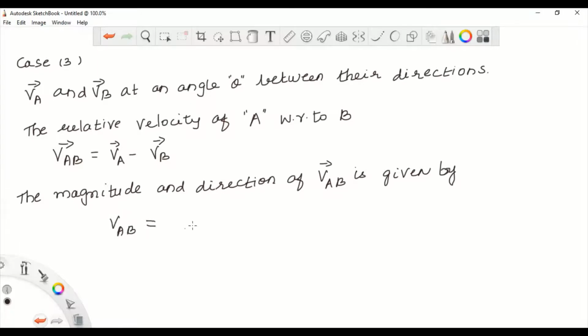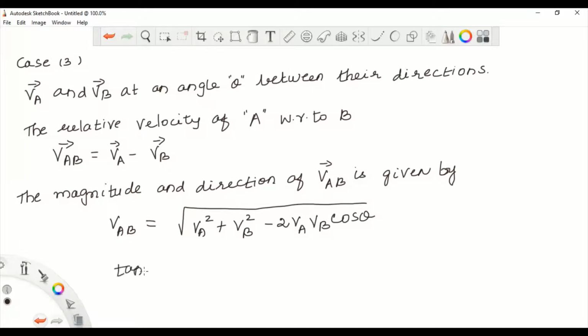This is the magnitude, okay, is given by root of VA square plus VB square minus 2VA VB cos theta, because theta is the angle between their directions, right? And what will be the direction? Direction tan beta is equal to VB sin theta divided by VA minus VB cos theta.